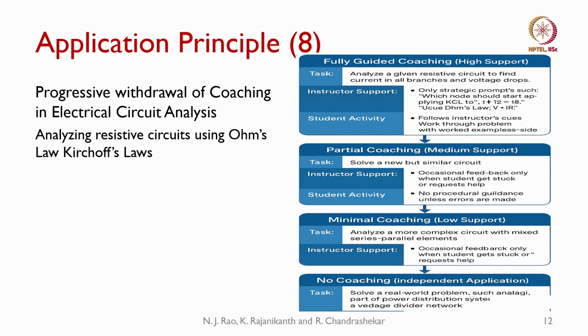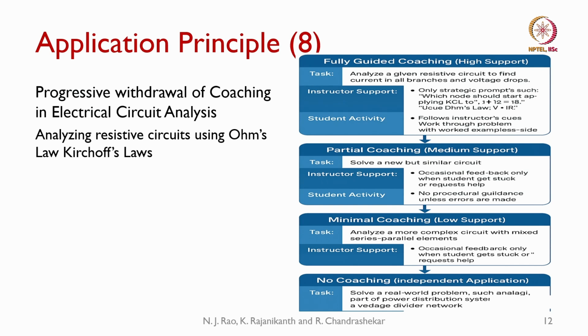So, that would be an example of progressive withdrawal of coaching, and you can see this in the form of a figure. We have fully guided coaching where the instructor support is very high. At the next level, we have partial coaching where the instructor support is medium, and the next level can be minimal coaching where the instructor support is very low.